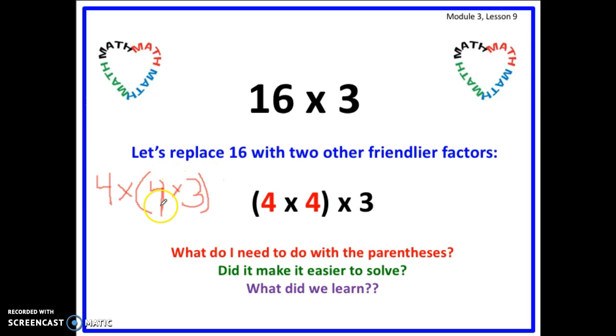Again, this was easier for me. 4 times 3 equals 12. And then I need to bring down the 4 times and make it 4 times 12, which equals 48. Much friendlier and much easier to multiply than 16 times 3.